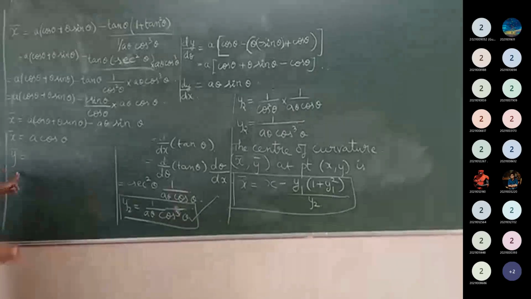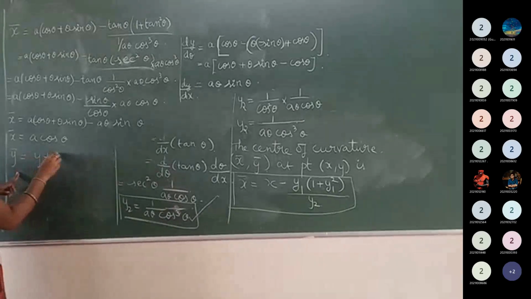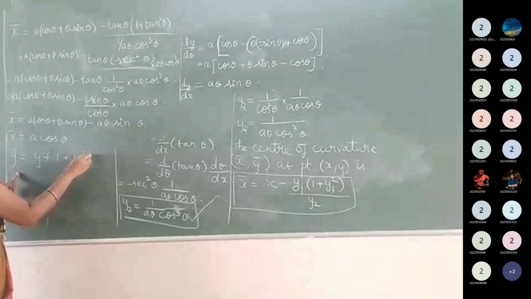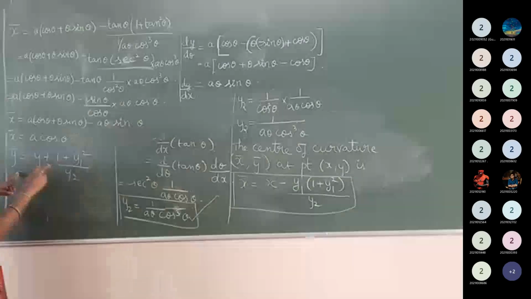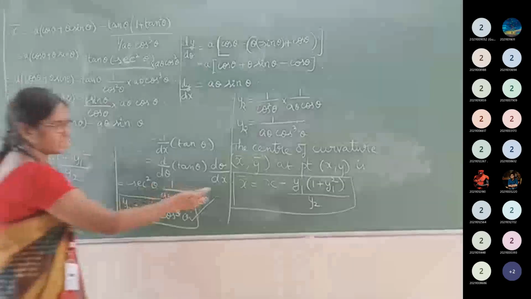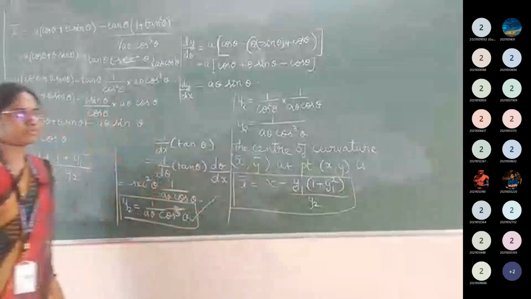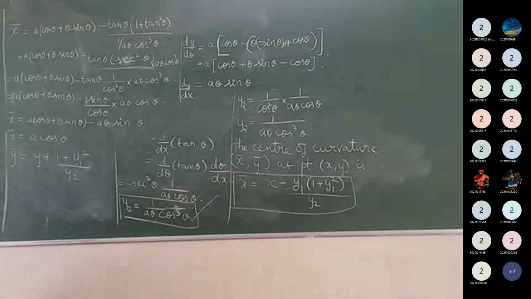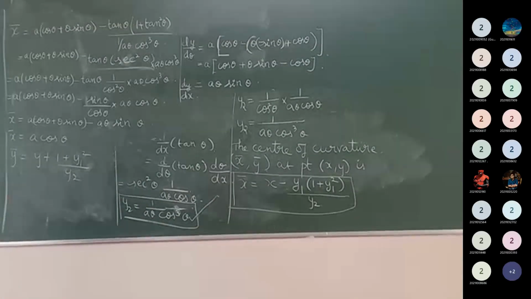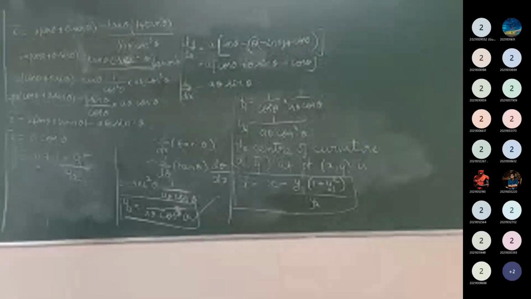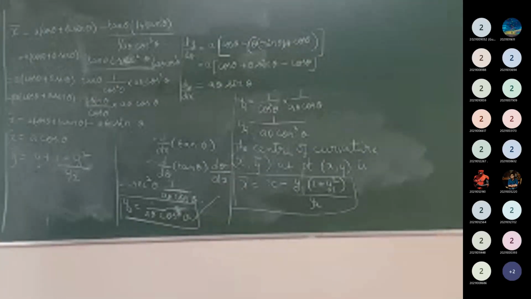The formula for y bar is y plus 1 plus y1 squared divided by y2. Here it is plus. Remember it is minus for the x bar calculation. So substitute in that and get the value for y. Y is equal to a sin theta.